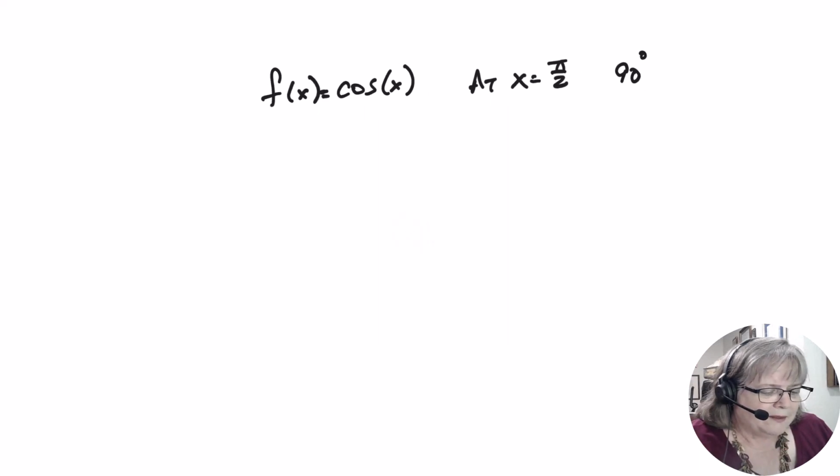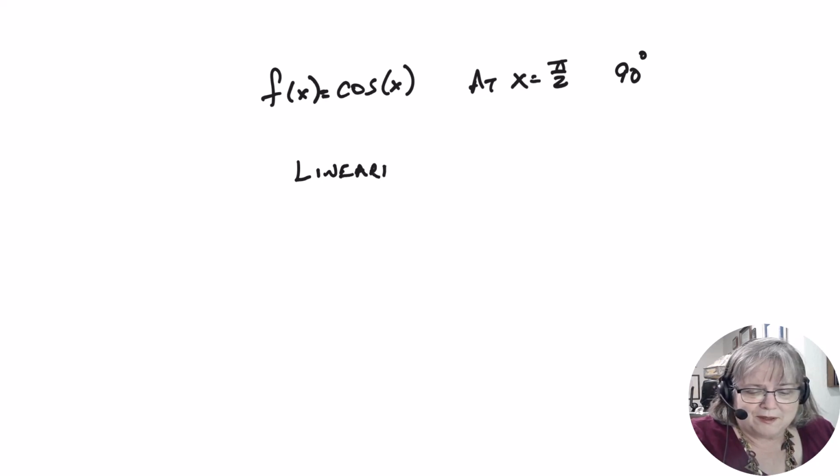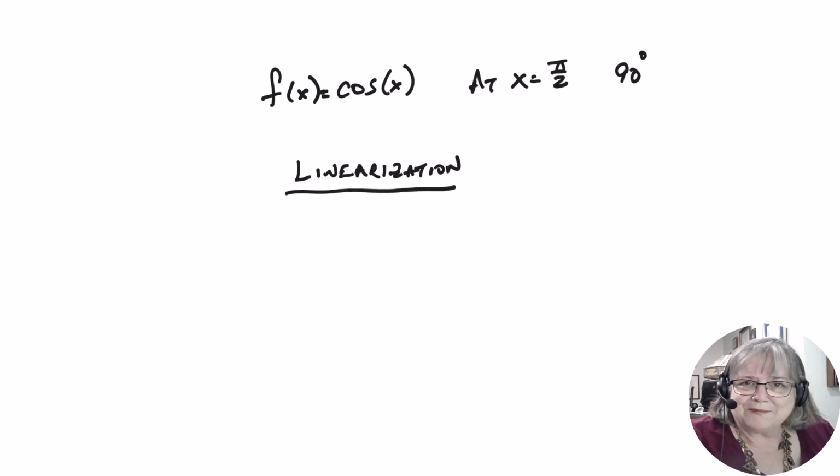All right, so let's do this time a linearization as opposed to a tangent. And let's see what we're going to do here. If you want a linearization, you still have to have a point and you still have to have a slope.